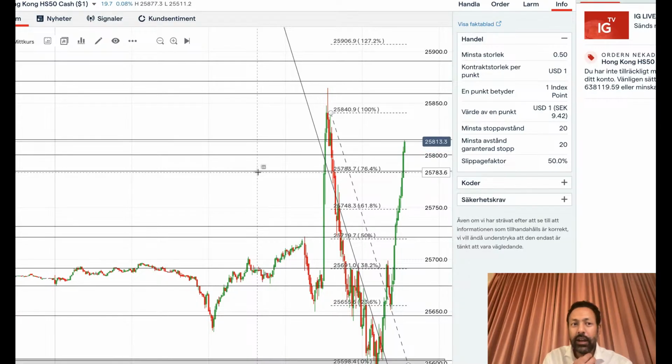Take another 9 there, move the stop forward, take it at that line. Probably should stay in it, but why take risk? So okay.